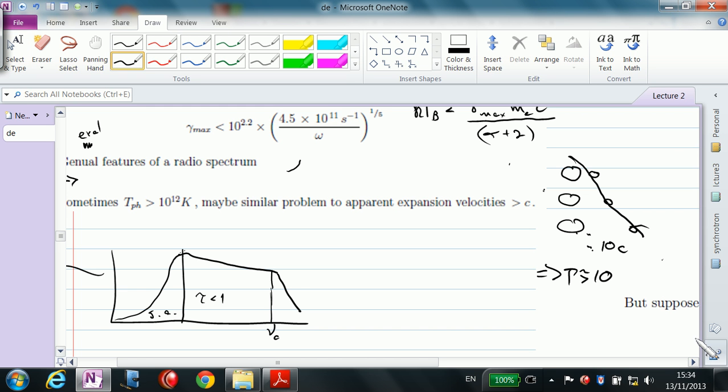So that solved both the problem of rapid variability and apparent superluminal motion, faster than light motion. And with gamma ray bursts, as soon as you do the first homework, it's clear that you need gamma much greater than 1. It solves all kinds of problems.